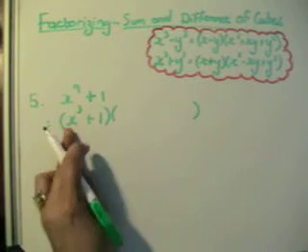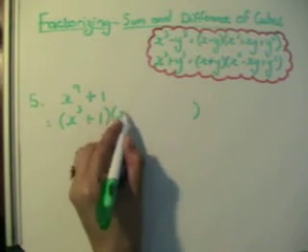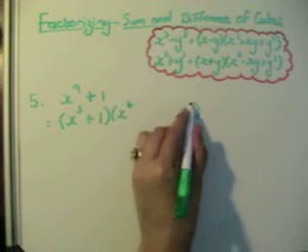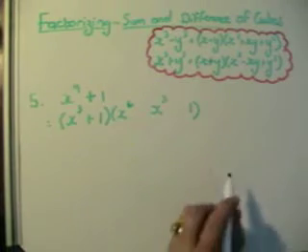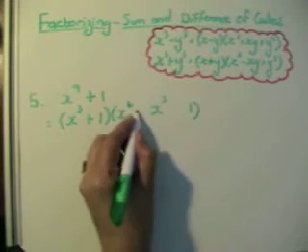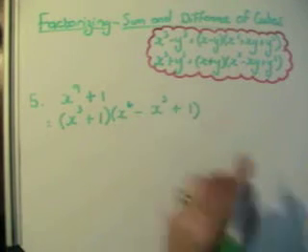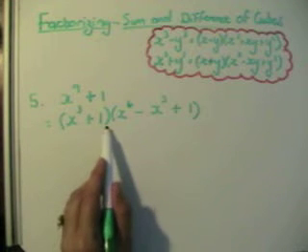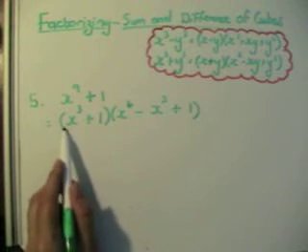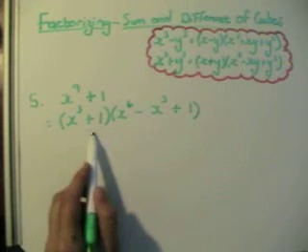Then I'm going to square this and this, giving me x to the power of 6 and 1, and I multiply these with one another, x to the power of 3, and if this is a plus, this is a minus, that's a plus. But now carefully look at this first bracket. Can you see that this is still a sum of cubes?